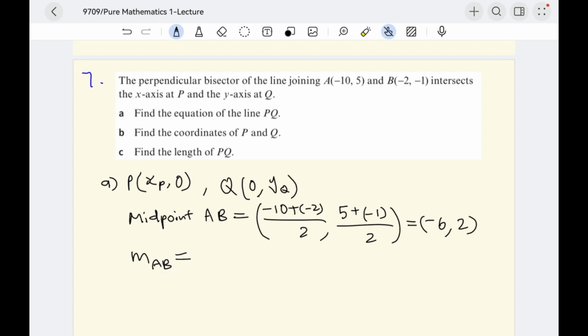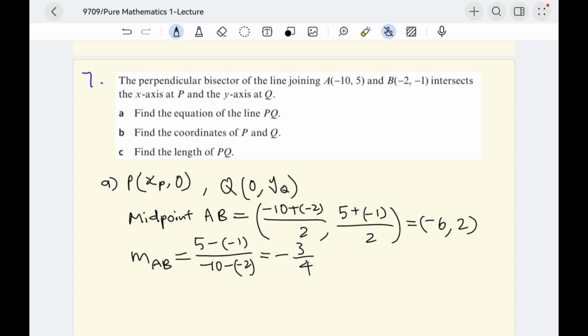What is the gradient of AB? Just use the gradient formula with 5 minus -1 over -10 minus -2. So the gradient of AB is -3/4.